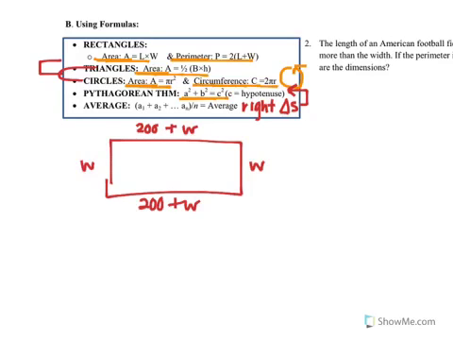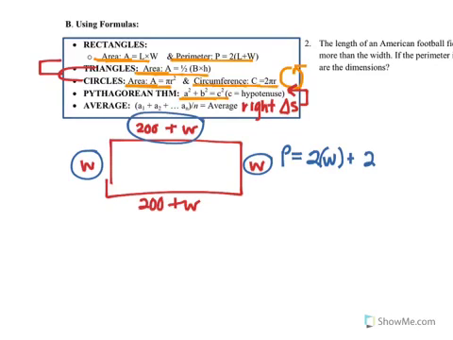It can be really helpful to label your picture all the way around, because now we know that the perimeter is going to be 2 times the width, right, so 2 of these, plus 2 times the length, 2 of these. But we're told in this problem that the perimeter is equal to 1,040.